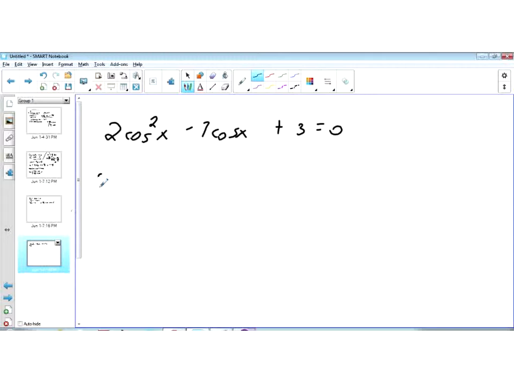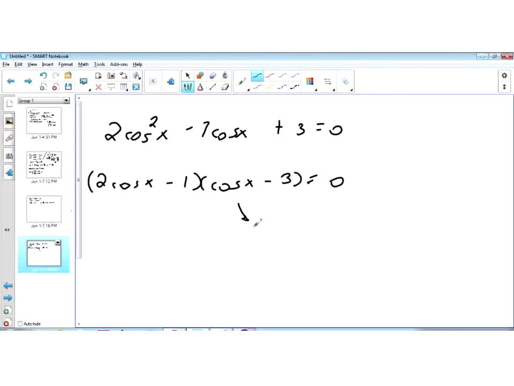So it's a quadratic in the cosine function, right? So perhaps we can factor it. Let's explore being able to factor that using the techniques from algebra. So we could go (2 cosine x minus 1) times (cosine x minus 3) is equal to 0. So that would be the factorization.